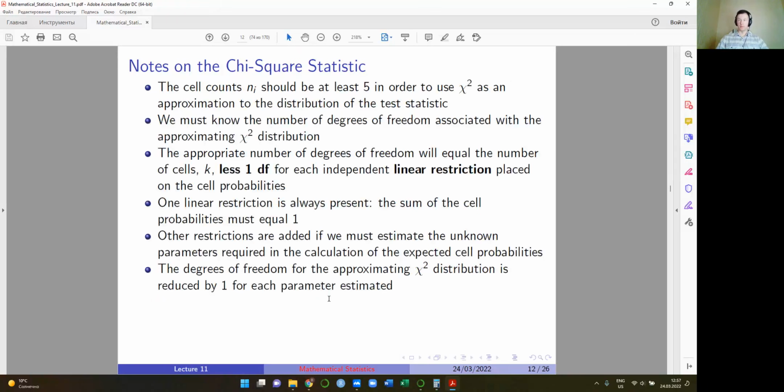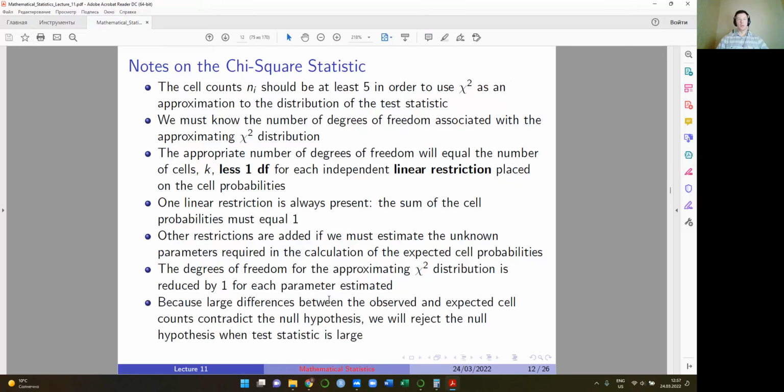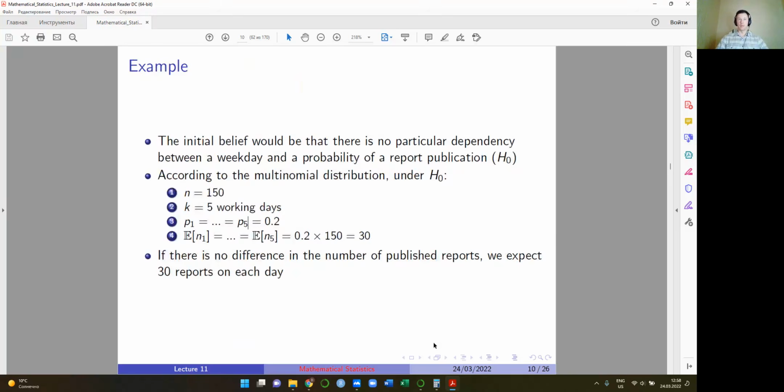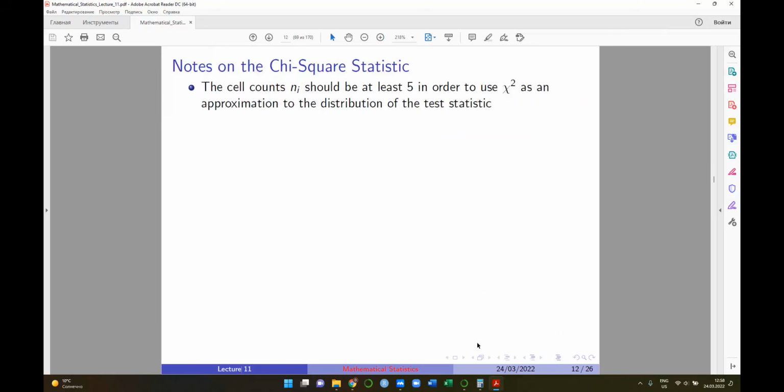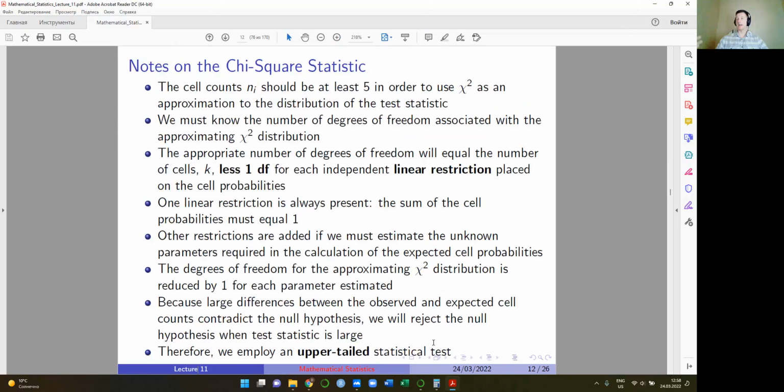Then the question is, what kind of alternative hypothesis do we use? Because we want to know how to build the critical region. Because we want to observe in the data large differences between observed and expected cell counts, we will reject the null hypothesis only when the test statistic is large. So therefore, we always apply the upper-tailed statistical test in this case.